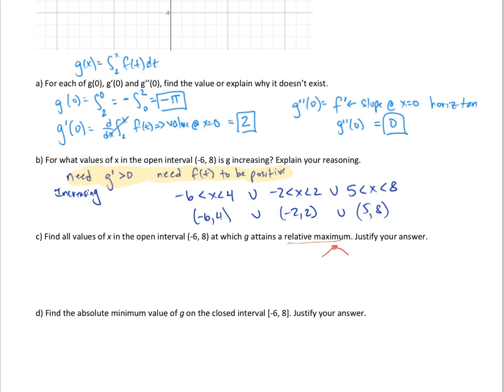So what I want to do is find the critical points and then test them to see if there's a sign change.